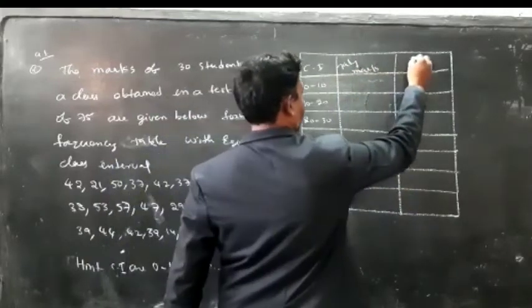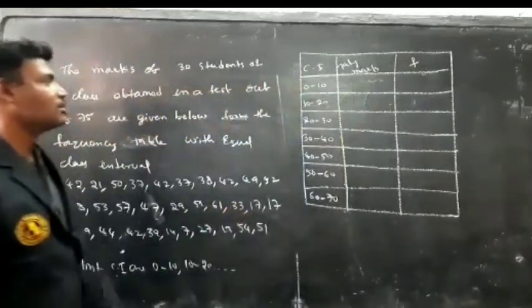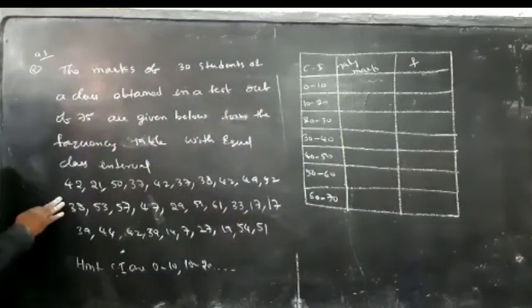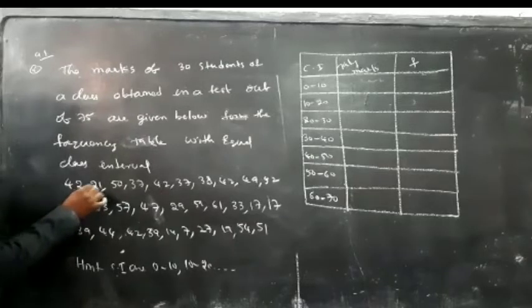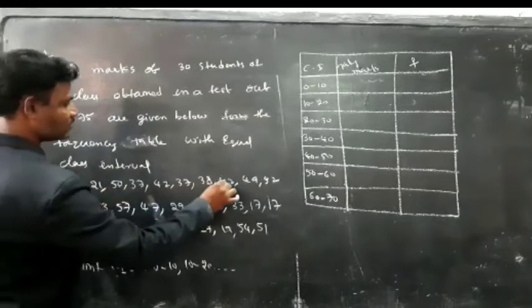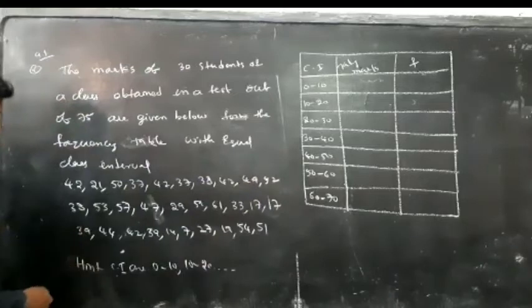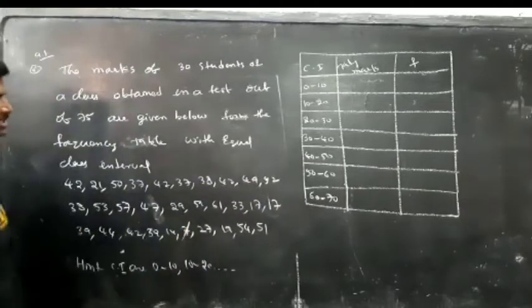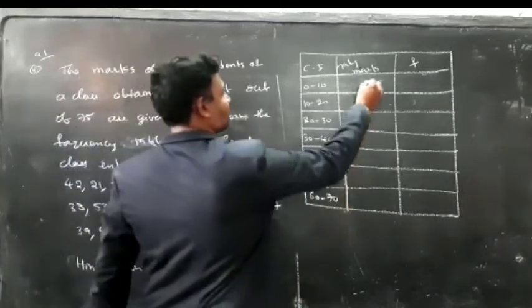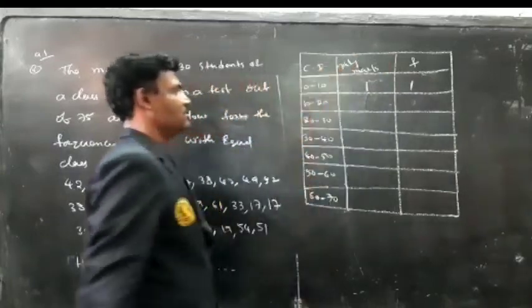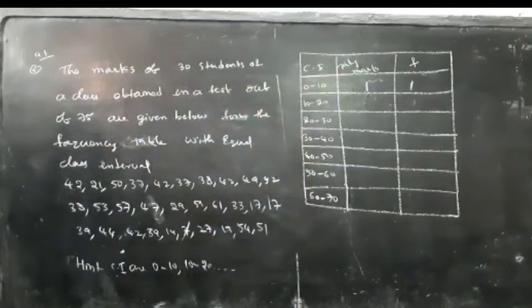And frequency. 0 to 10: between 0 to 10, how many students are there? Just count it. Only one student, that is 7. So between 0 to 10, only 1.